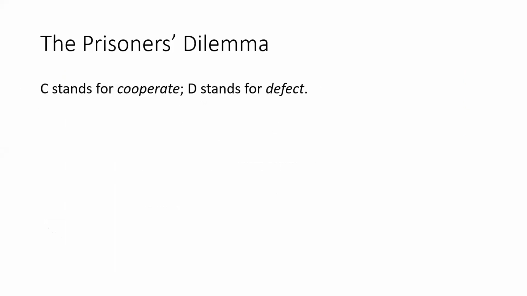Basically, C stands for cooperate, and D stands for defect. No matter what the other player does, you will always score higher by defecting than by cooperating. So that's why defecting is called the dominant strategy.